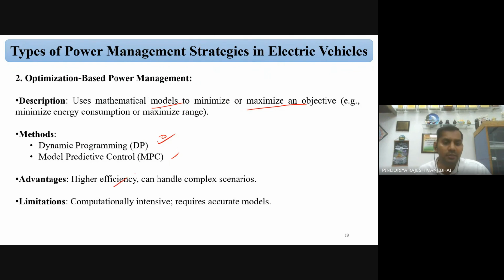Advantage is high efficiency, yes, of course, because we are using more data, so that gives more efficiency. Can handle complex scenarios. Okay. Limitation, computationally intensive and requires an accurate model. Yes, because we have more data, so it is computationally intensive and requires accurate models.